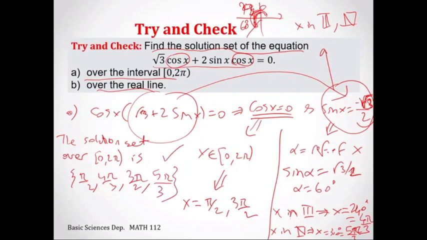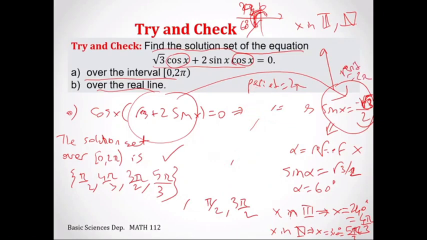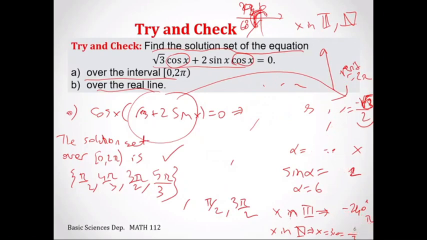Now, after you find them, we want to write the general solutions here. For the general solutions, we need the period of this. The period of this one is 2 pi, and the period is 2 pi here. So the good thing is we will add k times 2 pi to all solutions.